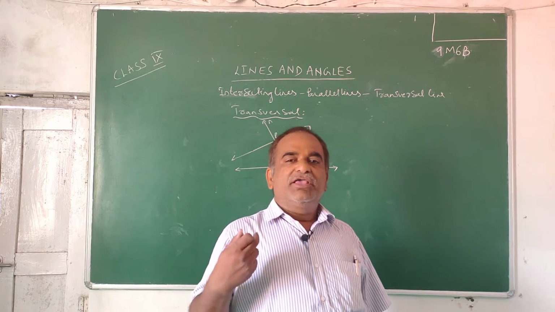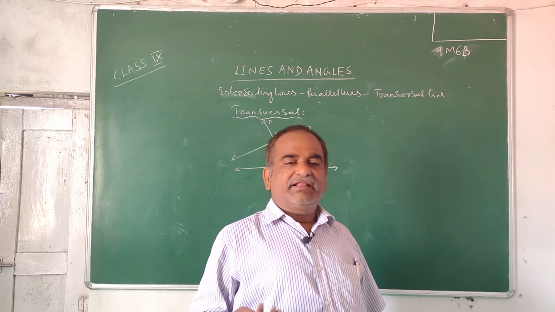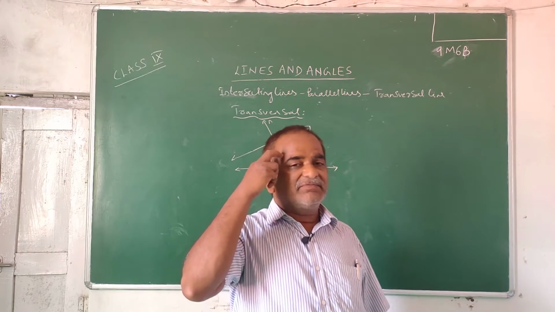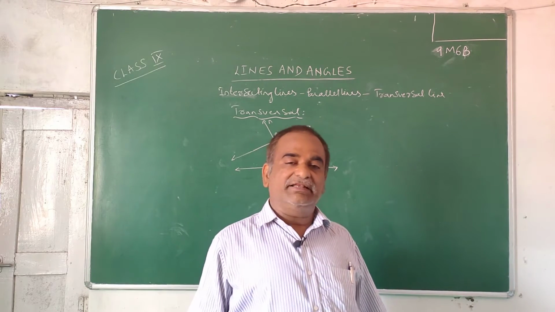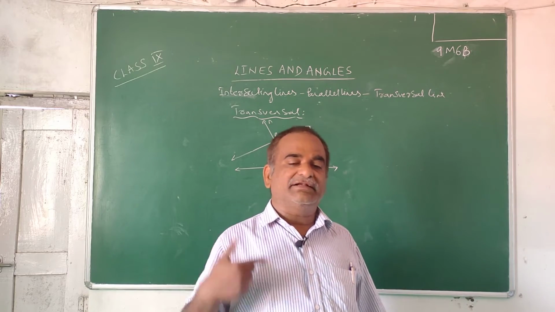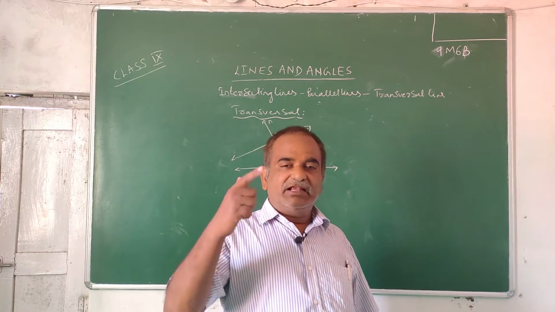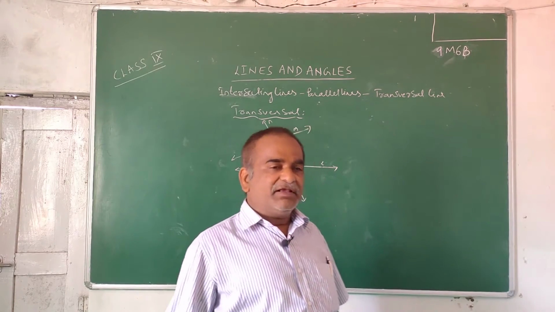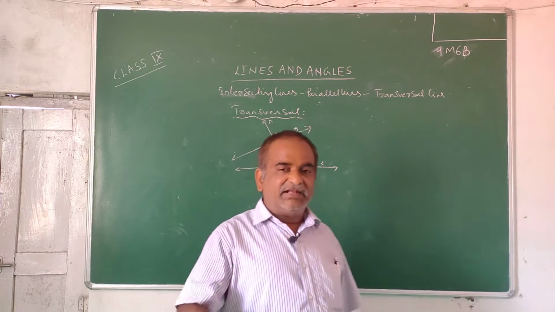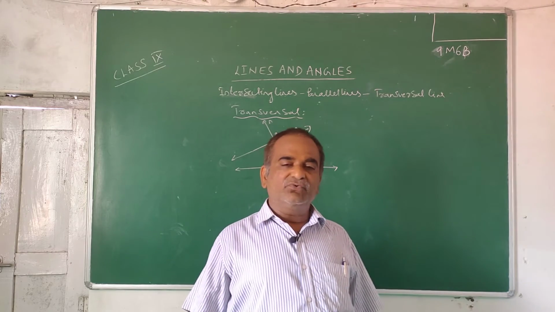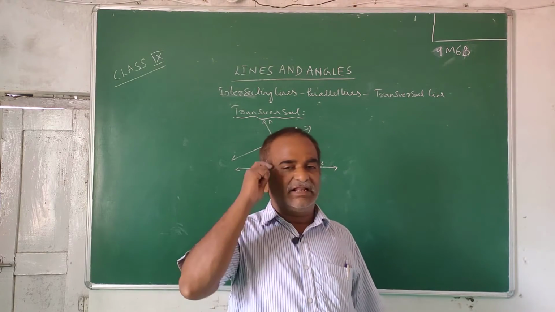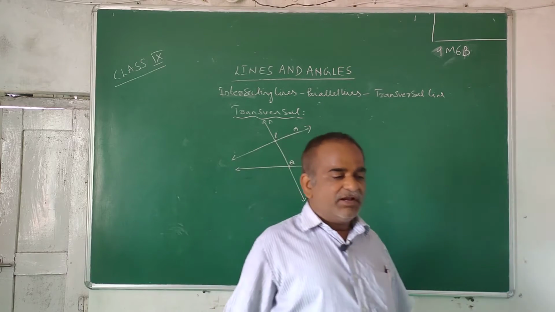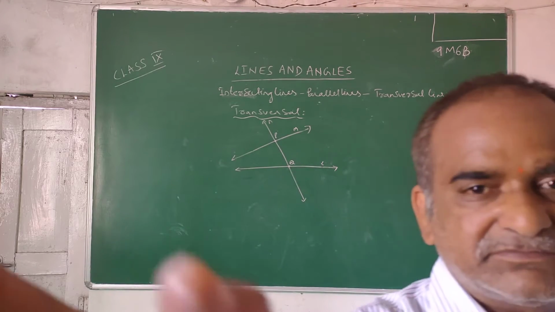So if a line intersects two straight lines, whether they may be parallel or intersecting lines, then that line is said to be transversal. Are you following? The two lines may be parallel or intersecting, no matter, but this line has to intersect the two lines.